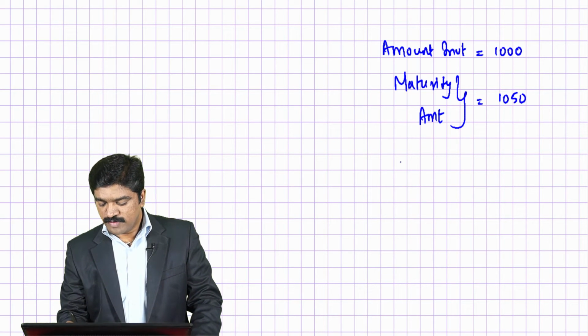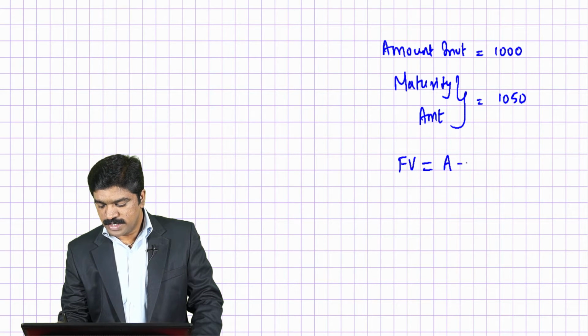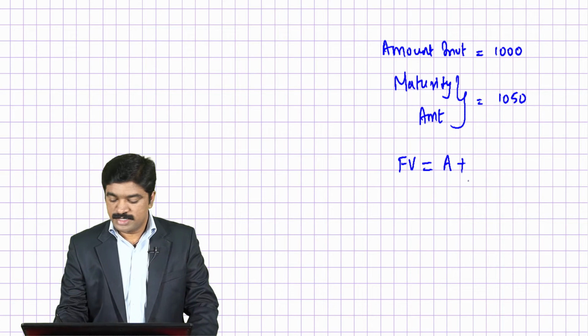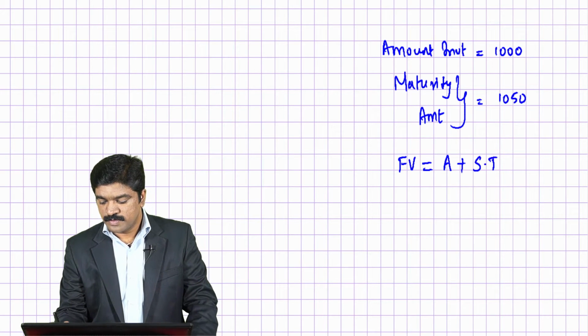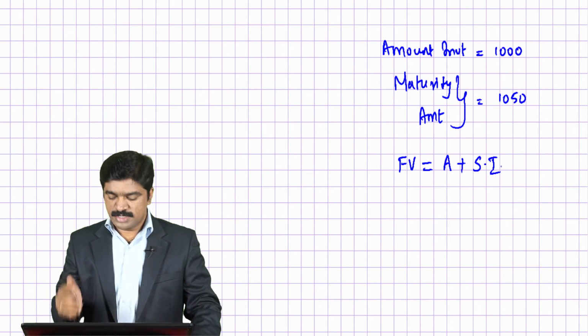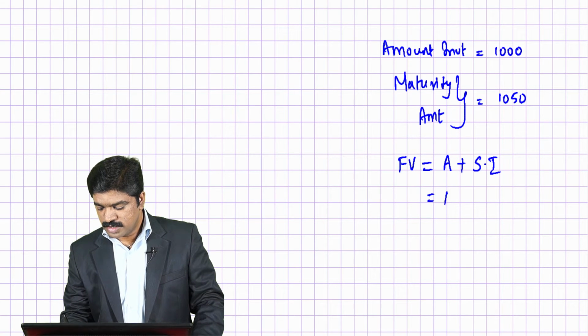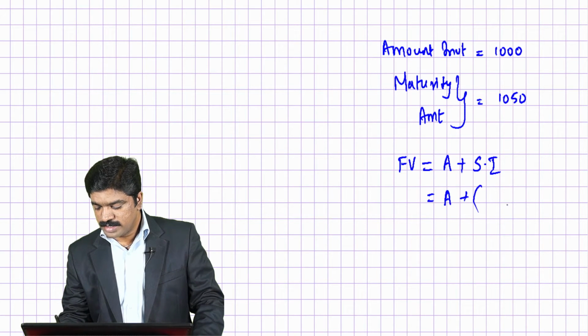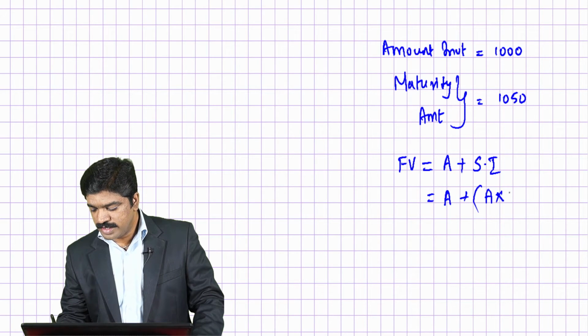See, the future value in case of simple interest is the amount invested, I'll call it A, plus the interest, that is simple interest. How do you find simple interest? It is nothing but, I'll put it in brackets, amount into the interest rate into the period.